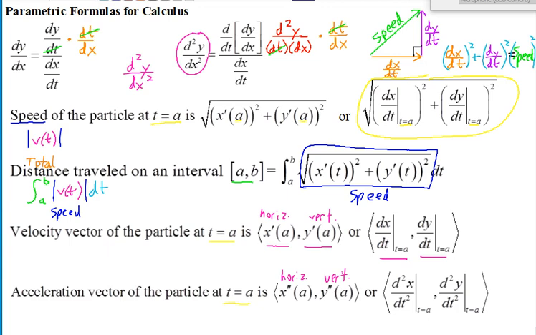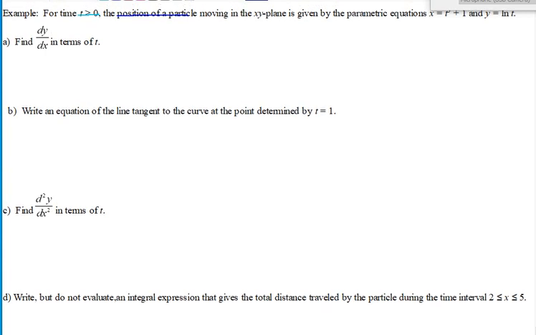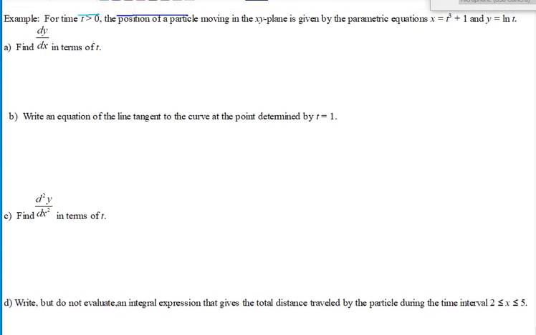All right, so today we're looking at how we can find some different things with these parametric problems without the graphing calculator. The first example says, for time t greater than or equal to 0, we're usually looking for non-negative times, the position of a particle is given by the parametric equations x equals t cubed plus 1 and y equals natural log of t.